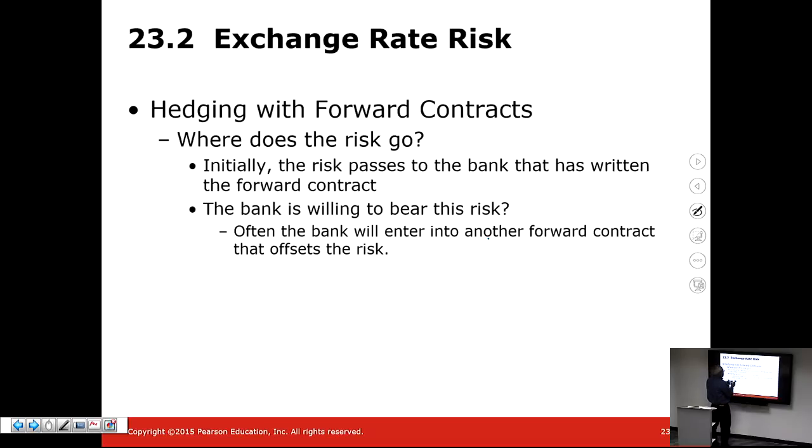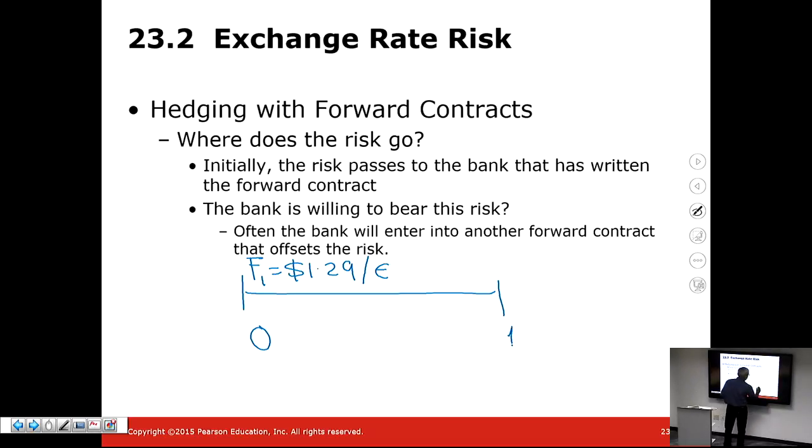So initially, what is happening? As you enter into this forward contract, what happens? At time 0, you go to the bank and you enter into a forward contract that says a year from now, I will buy 500,000 euros at 129 per euro a year from now.